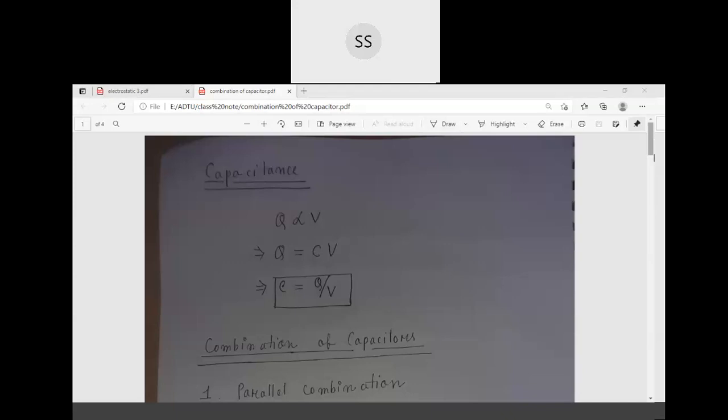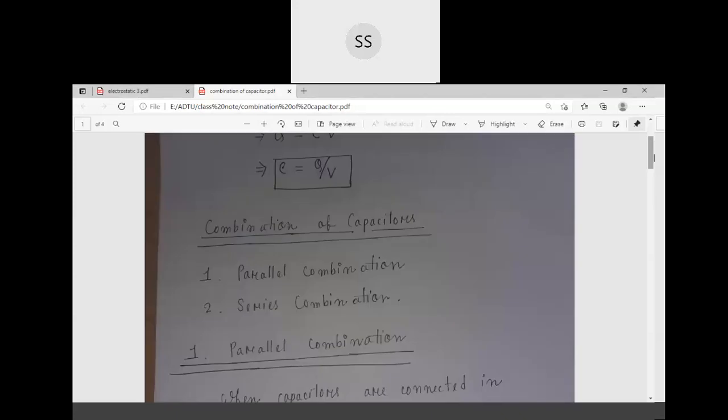There are two ways in which we can combine capacitors. Number one is parallel combination and number two is series combination. Parallel is when one is above and the other is below, and series means one after another.